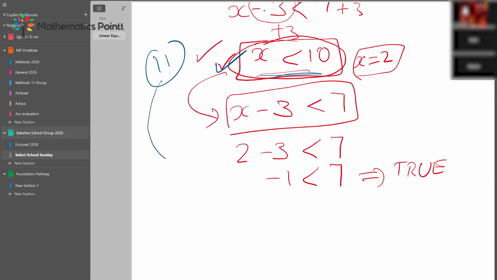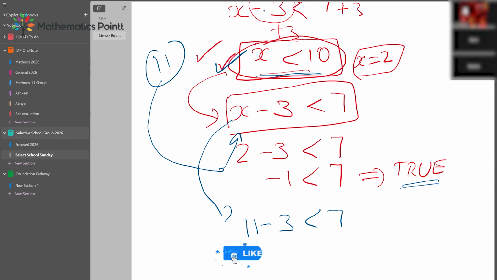Let me just pick 11 and feed this in and see whether my rule is still true or not. So I say 11 take away 3 is less than 7. 8 is less than 7. False.